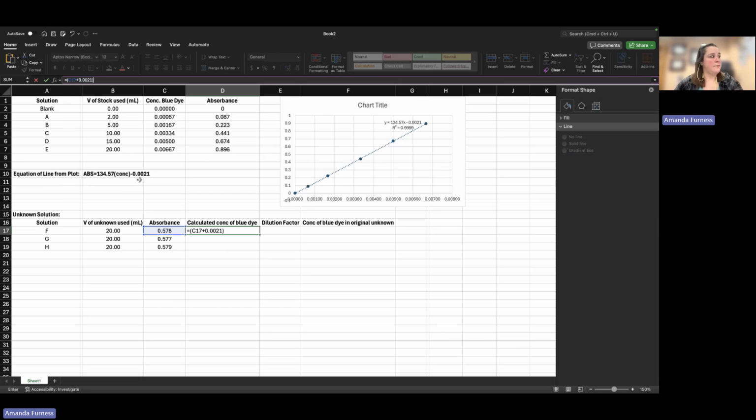And then to solve for concentration, I'm going to have to divide both sides by the slope. So all of that then divided by my slope of 134.57, okay, equals this, okay?